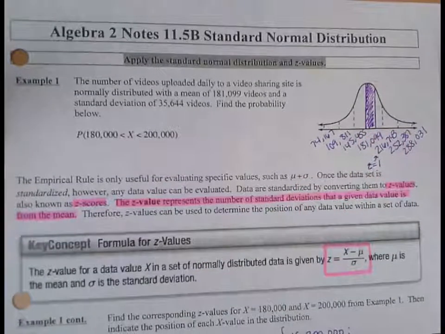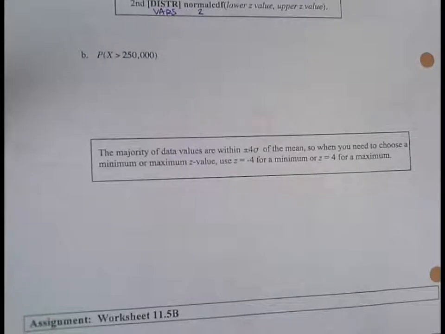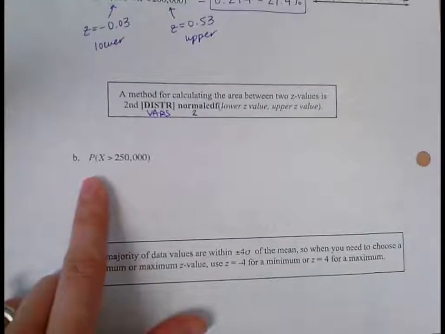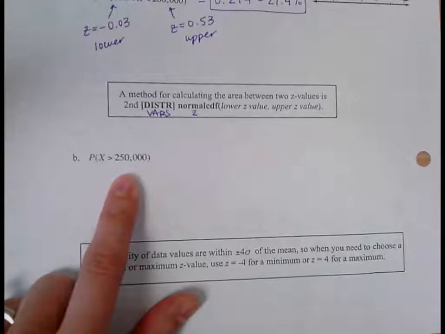Okay, so your calculator is finding that for you. Questions on that? Okay, so then quickly here for part B, to see how this is a little bit different. So again, I know I didn't rewrite the values here, but you can see I want to find the probability that X, or that number of videos uploaded daily, is higher than 250,000.